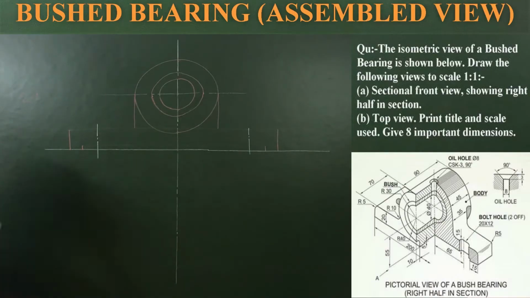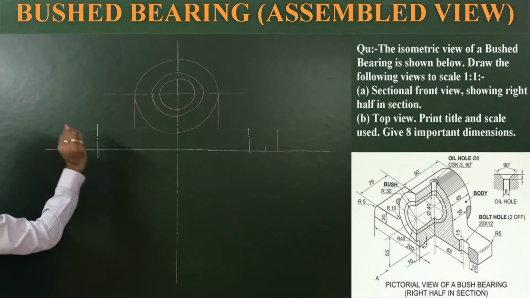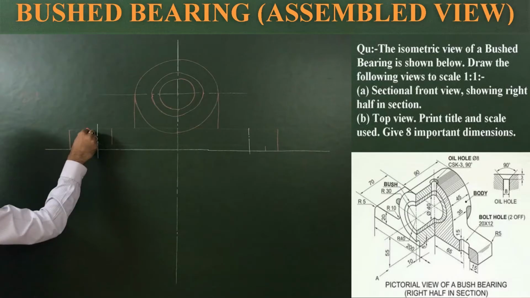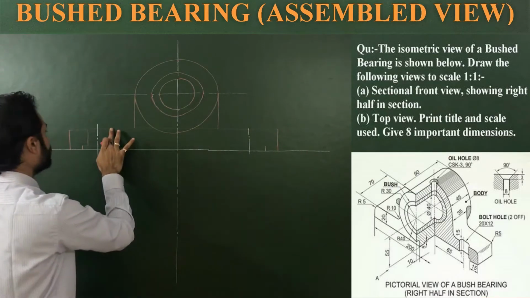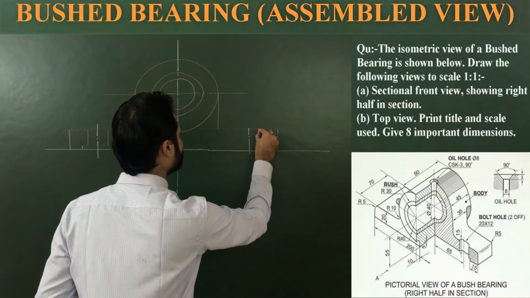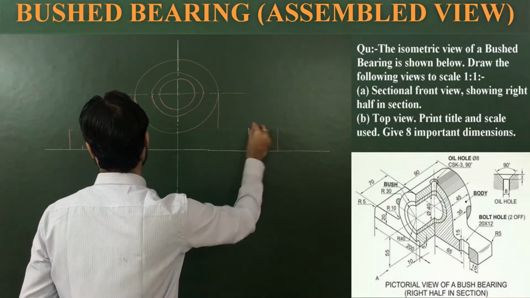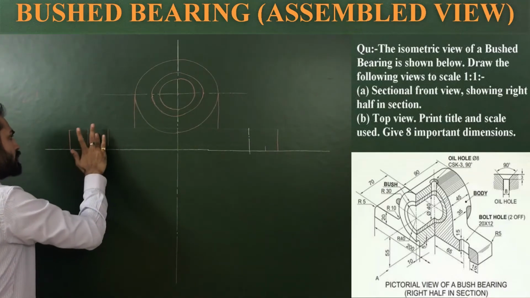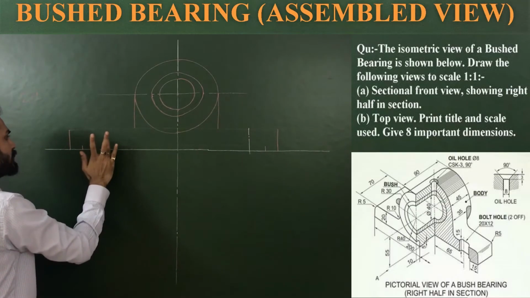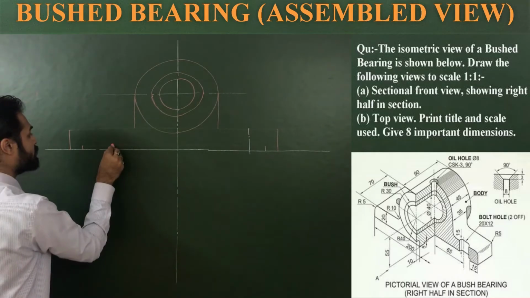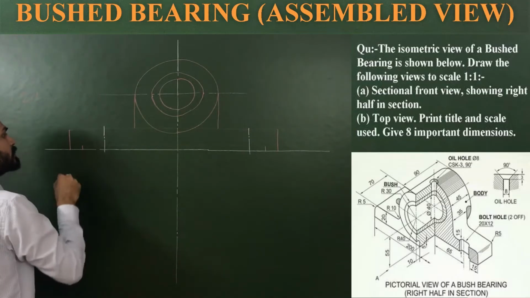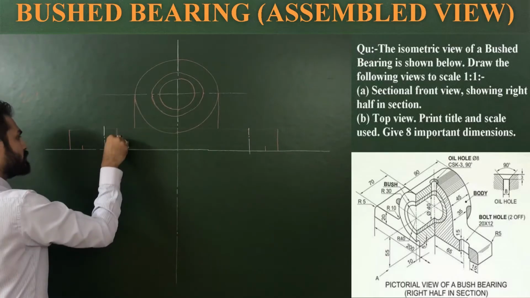Next is the bolt hole. So from the front the length of the bolt hole is 20. So from the center 10, so 10 on left side, 10 on right side. Similarly, from this axis 10. Actually, this is approximate construction. So as per the problem statement, I think this is the better position of the axis.